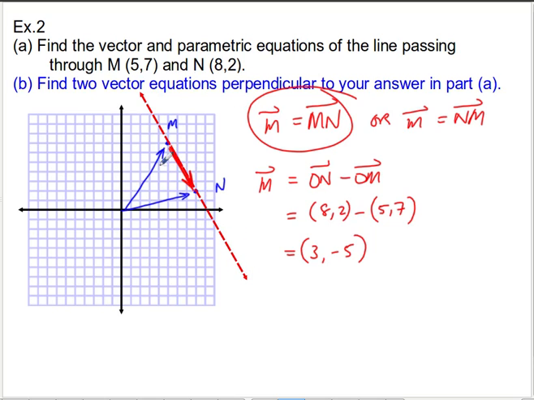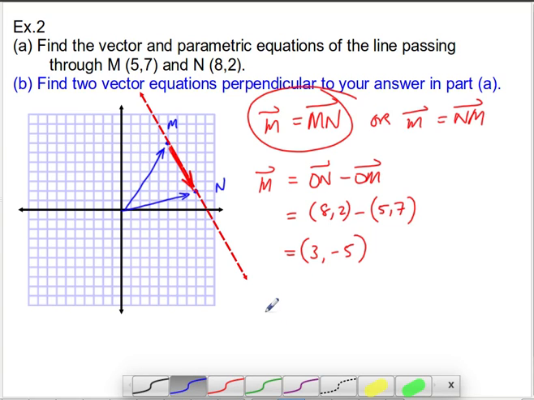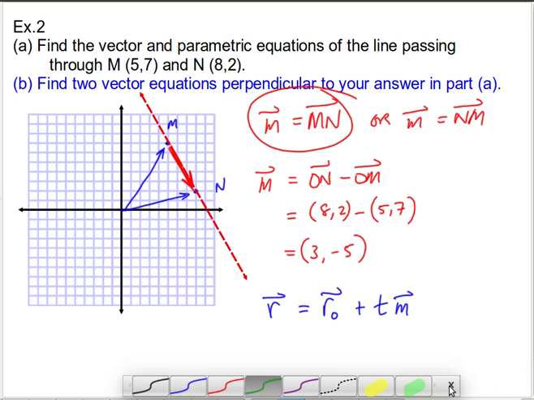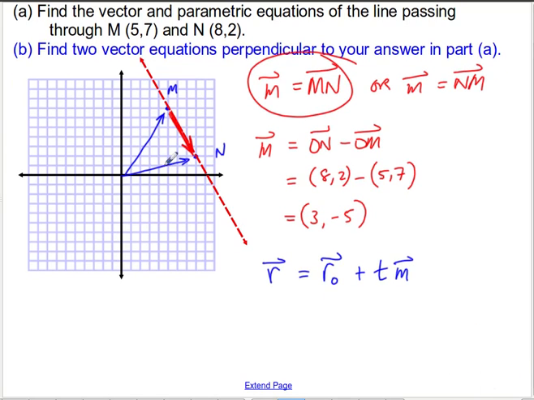For our vector equation, just to remind you again, till you get used to it, our vector equation is written in terms of the initial position vector plus a scale factor times the direction vector. For our initial position vector, we actually have two potential initial positions. I could use OM or ON.